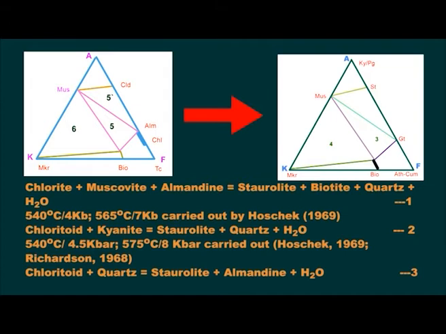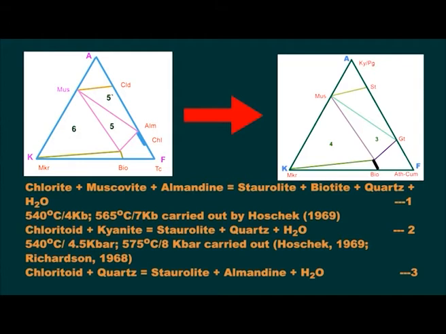This reaction was carried out by Hoschek 1969, 540 degree centigrade 4 kilobar, 565 degree centigrade 7 kilobar. Another reaction, chloritoid plus kyanite give rise to staurolite plus quartz plus water, 540 degree centigrade 4.5 kilobar, 575 degree centigrade 8 kilobar, carried out by Hoschek 1969.